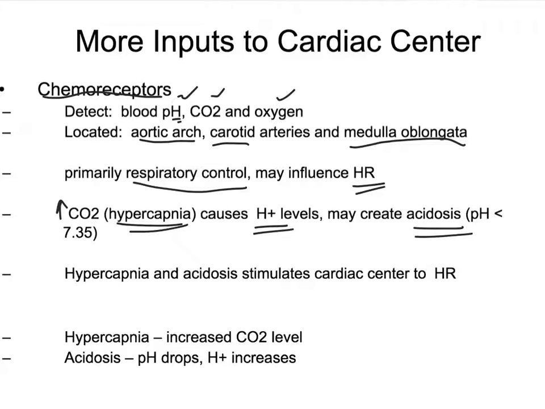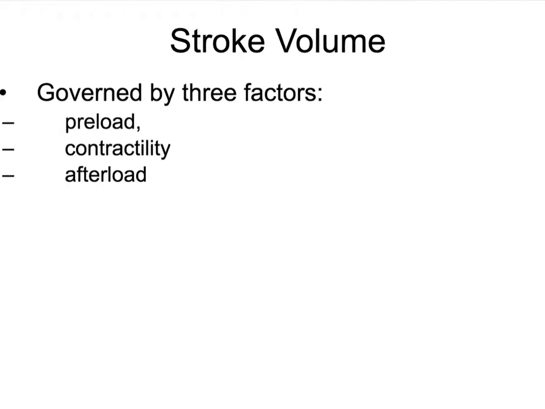Hypercapnia and acidosis stimulate the cardiac center, so it increases the heart rate because we want to get rid of the CO2, and we want to get rid of the hydrogen ions, and we want to increase the oxygen. Okay, so these are just vocabulary words for you in case you didn't know those. And we'll talk about pH in more chapters further on.